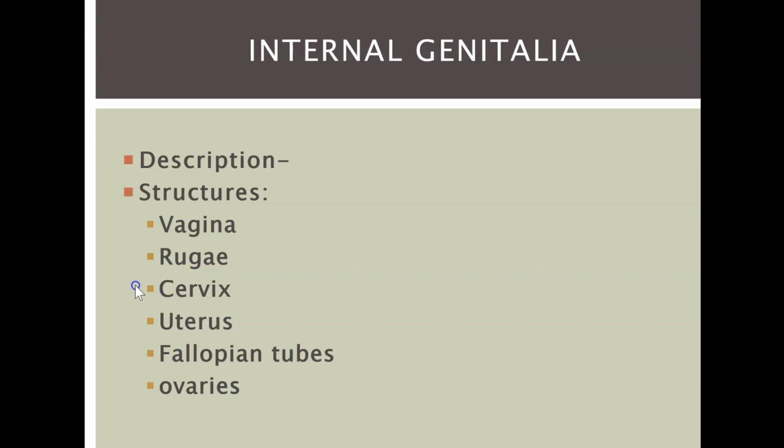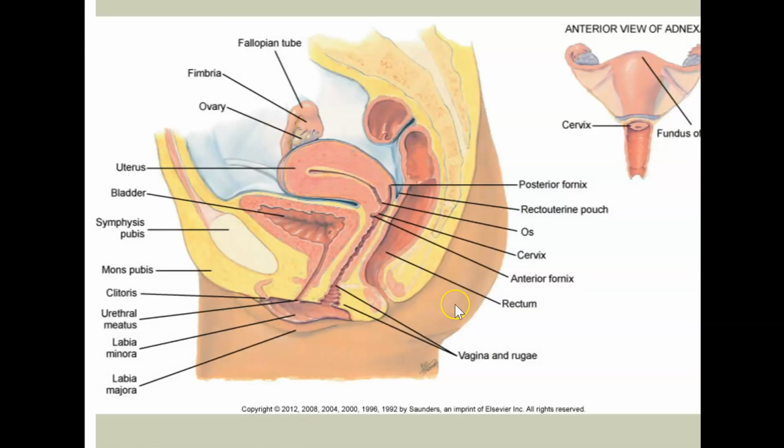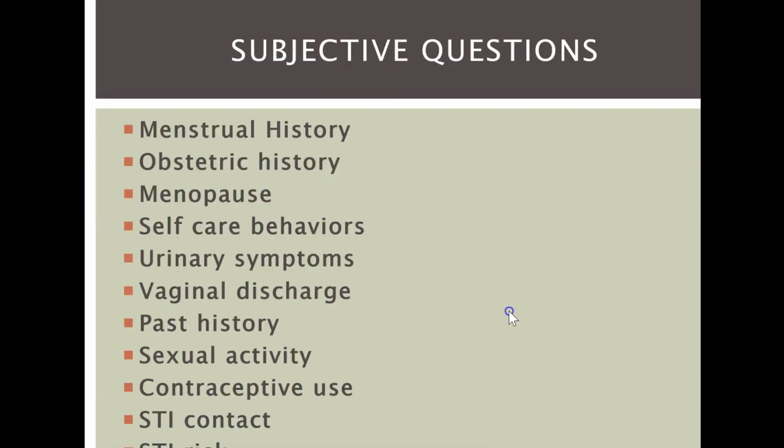You've got the cervix, which is the opening to the uterus, the actual uterus. That little opening of the cervix is called the os. And then you have the fallopian tubes and you have the ovaries. So here is a picture of the openings, just knowing the areas that are concerned.